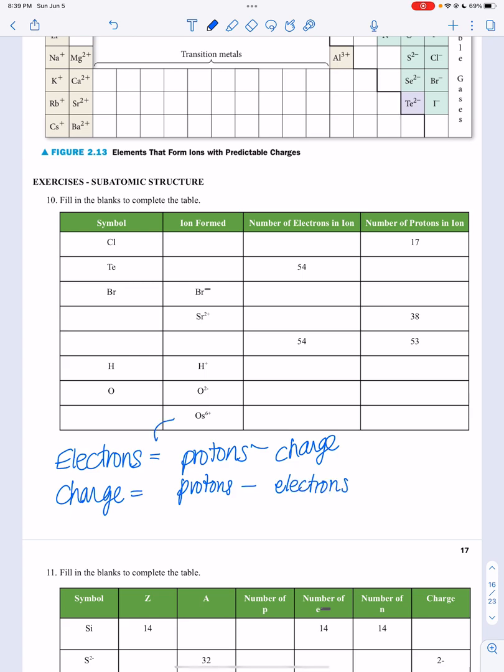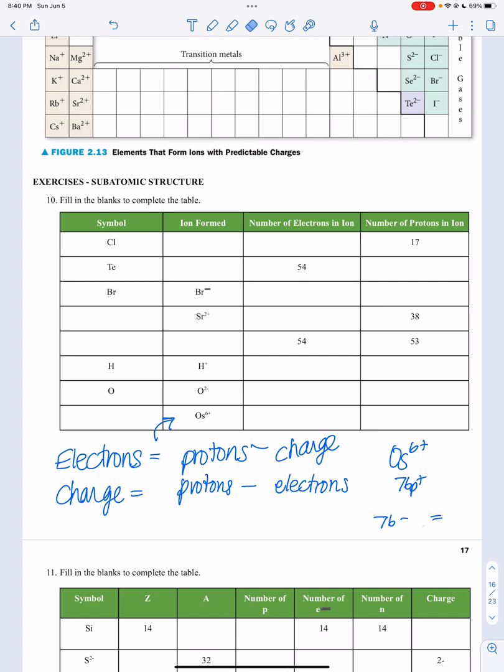So I'll do this like little last word in here. Osmium 6+. Osmium is on the periodic table. It's my favorite element. Osmium's atomic number is 76. So that means it has 76 protons. If I want to figure out how many electrons it has, I could do electrons is equal to protons minus charge. So 76 minus 6.